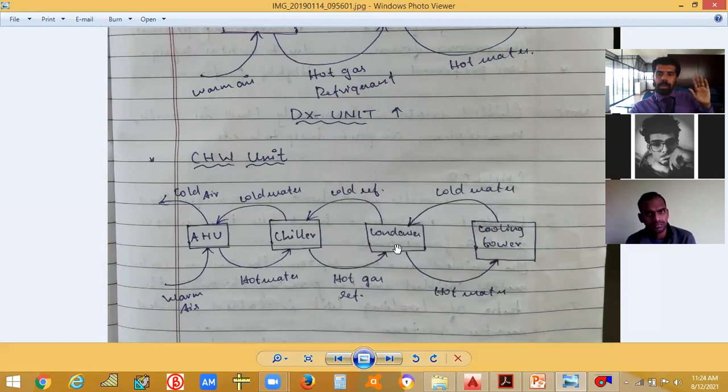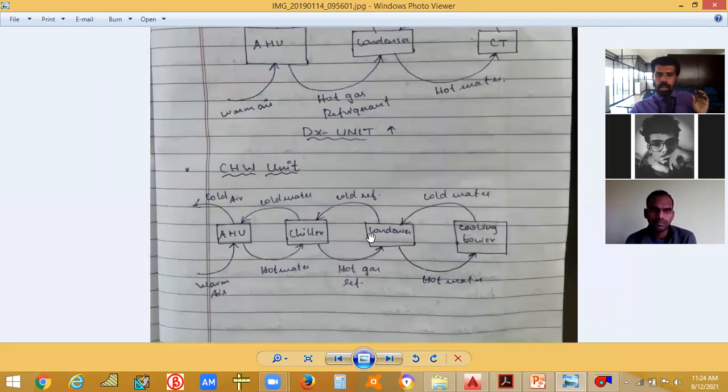And you have to keep in mind that in the chiller, a refrigerant is being used to convert the warm water into chilled water. So this chiller plus condenser, these two setups combined, is known as a chiller. Understand what I am saying?